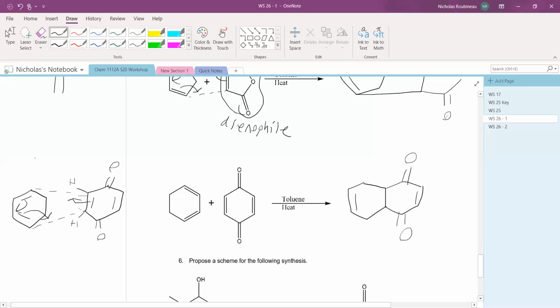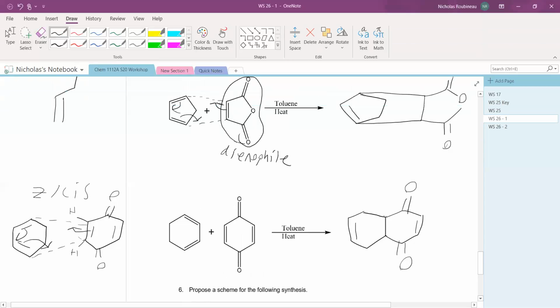So it was cis at the beginning and it stays cis. So here where those two hydrogens are, or where they were, they still are, and they're still cis to each other. So you could either do them both as dashes or both as wedges, but they should be cis.